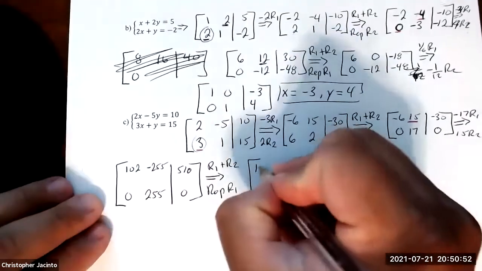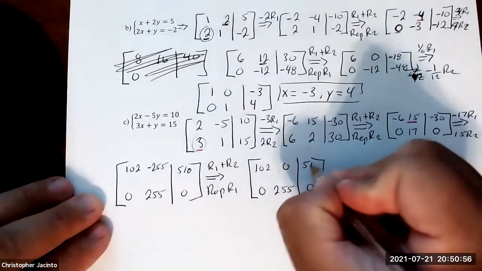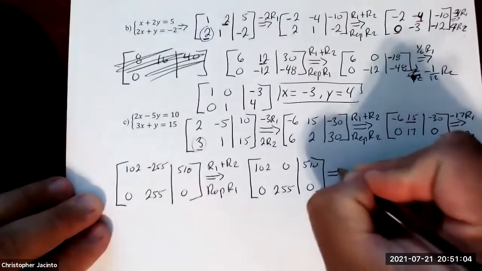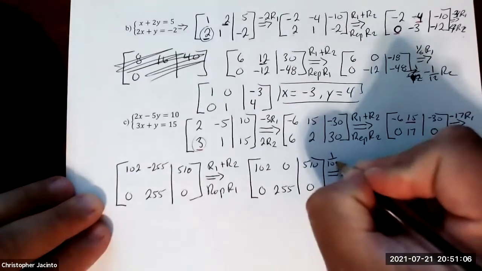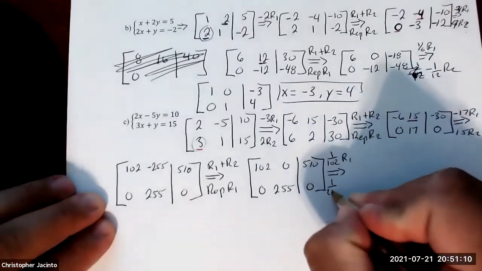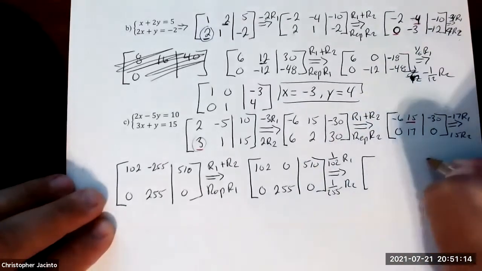Adding straight down gives you 102. That gives me 0, and this is 510. All right, and the last step, we divide by 102 to row 1, and 1 over 255 to row 2. So see what we get.